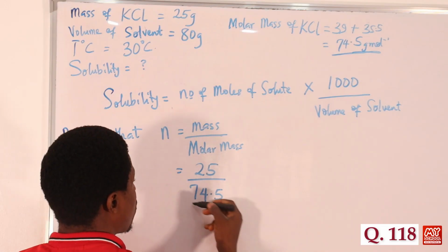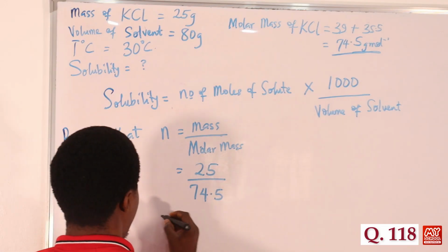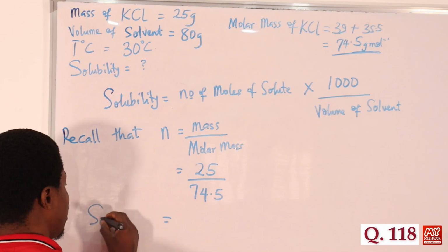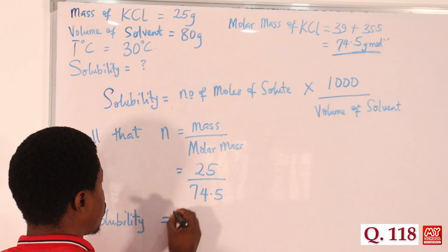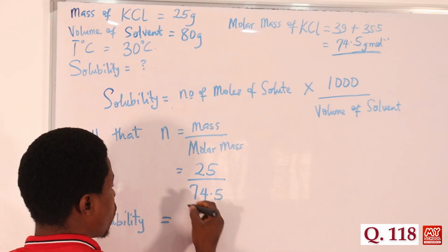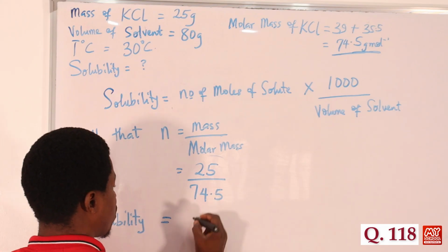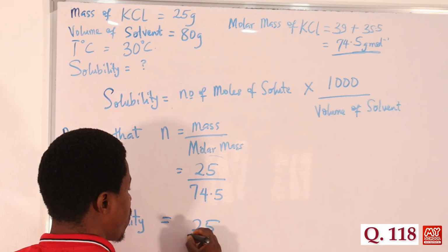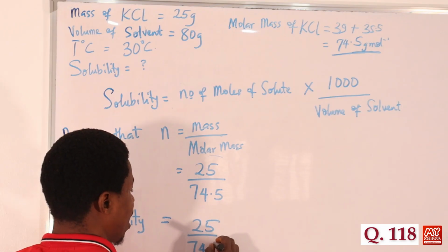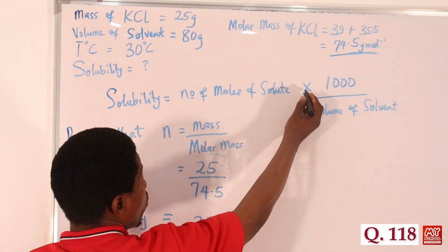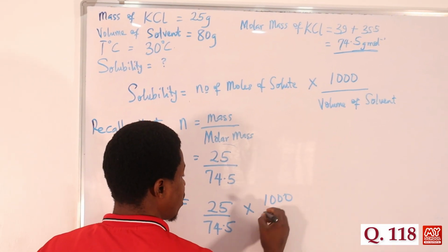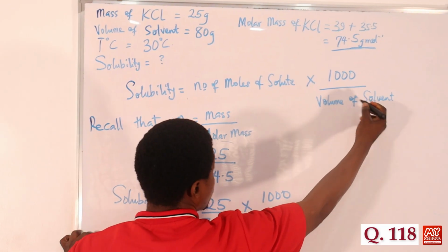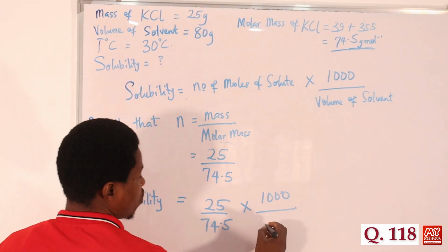So we can just plug this in so that solubility will be equal to number of moles, which is now 25 over 74.5, multiplied by 1000, divided by the volume of solvent, which is water, given as 80 gram, which is 80 cm cube.